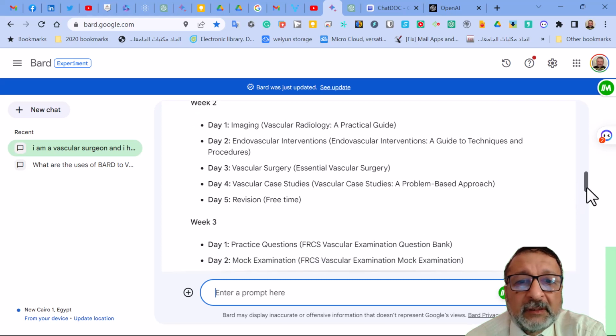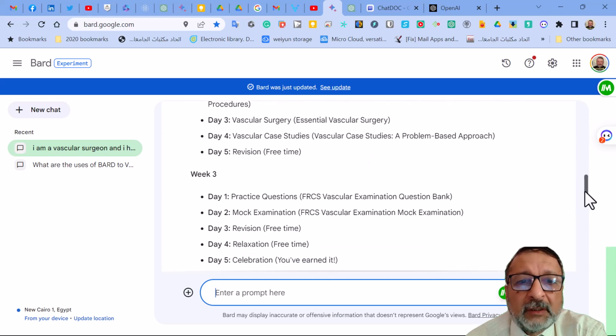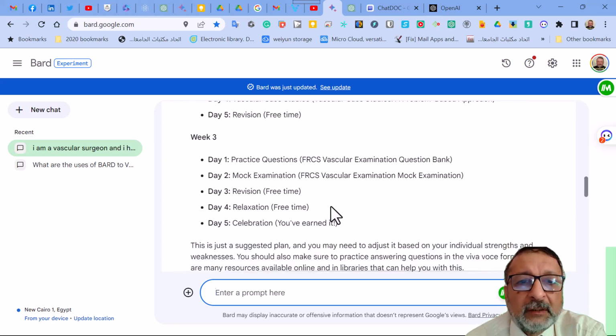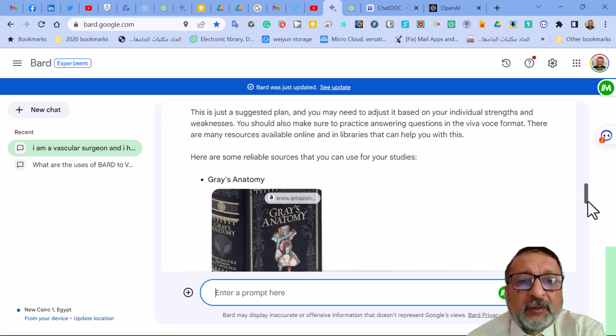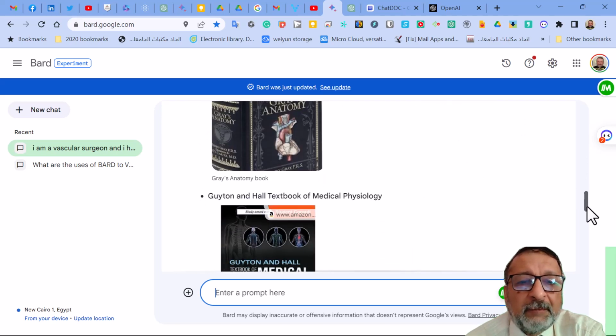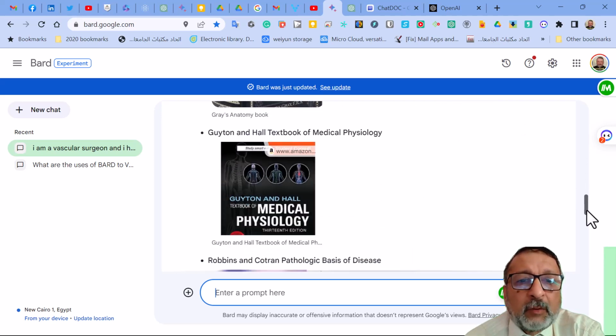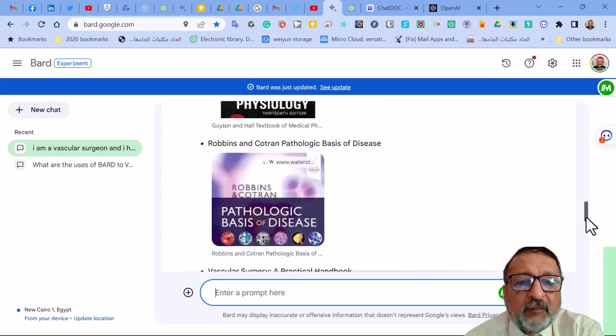But it's very nice because it mentioned which book you need to study and what topic you need to study, and then you have a revision time, you have a relaxation time, and it also gives you a little bit of suggestion. It even gives you the name of the textbook and the first page.